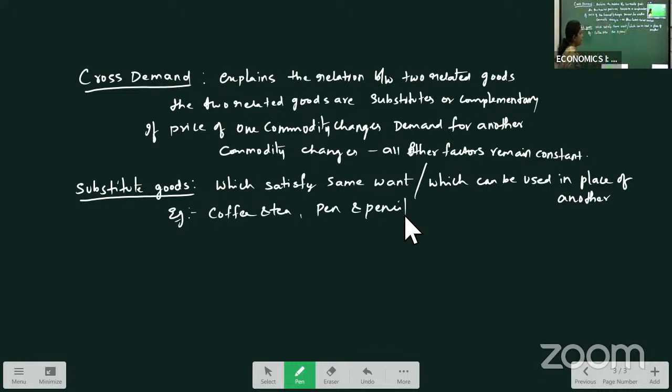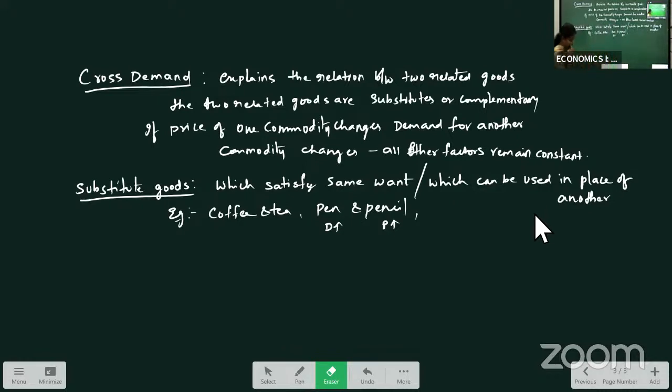Okay, in this case, what will happen? For example, if the price of pencil increases, we will not buy that one. We will replace that with pen. So demand for pen also increases over here. These two are substitute goods. Or you can take one more example, like electric vehicles and petrol vehicles, right? If petrol price is high, we don't prefer petrol vehicles.